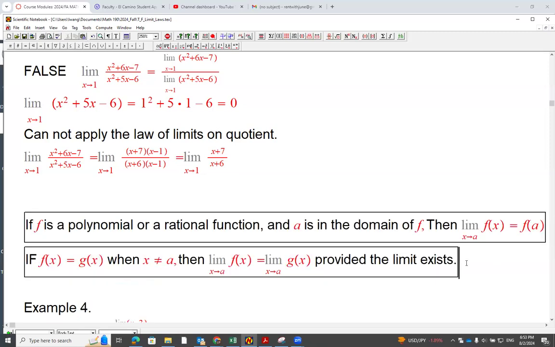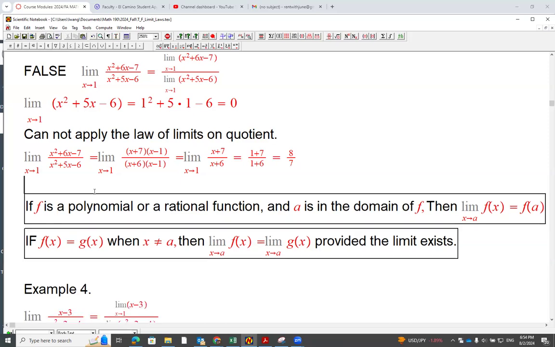So we're using this latter theorem over again, and it's a rational function, so we can just do a direct substitution. It's going to be 1 plus 7 over 1 plus 6. So this limit can be found, but not by applying the quotient law. So it's going to be 8 over 7.